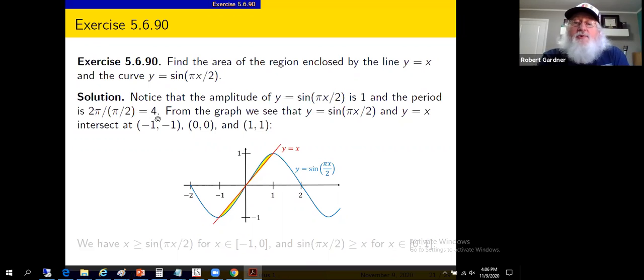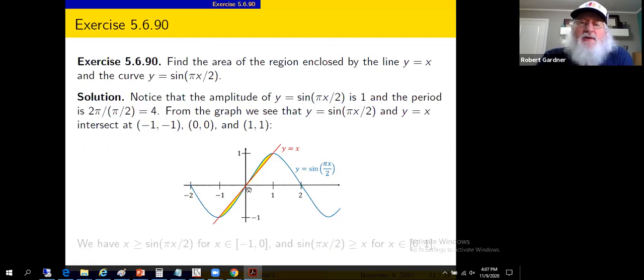They've done that to give you intersections that you can handle. So we get a trig function that has a period of 4, a sine function that looks something like this, between -2 and 2, has an intercept at 0, of course. And the line y equals x, these intersect at, okay. Need a little insight to realize where these intersect. Certainly they intersect at 0.